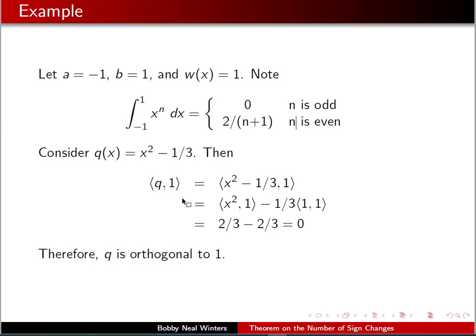Okay, the idea with this notation is that you compute a few specific values, and then you let the structure of the inner product do the rest of the work for you. By this I mean I take my polynomial q here and 1 here.